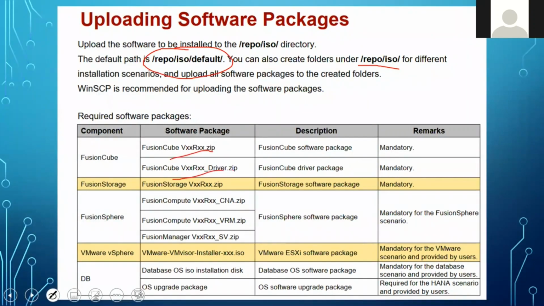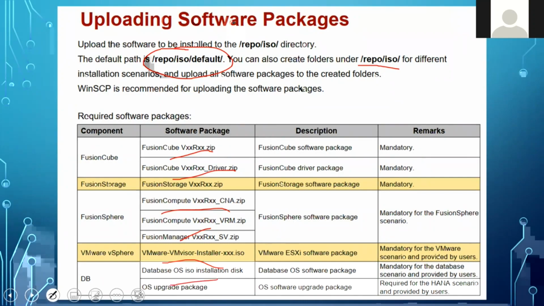You have to download the FusionCube software, FusionSphere software, and VMware if you want to use VMware. But if you want to use FusionSphere only, you have to download FusionSphere. And if you want the DB as well, it depends on the requirement, which deployment you want to do.